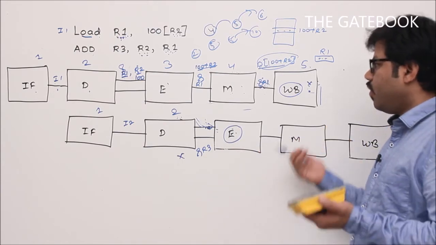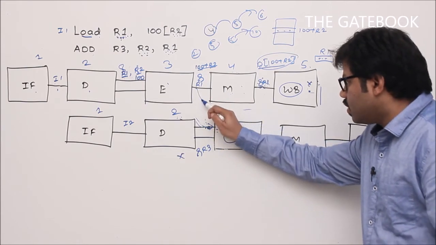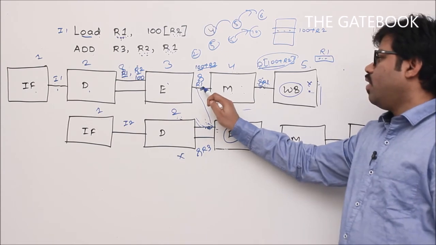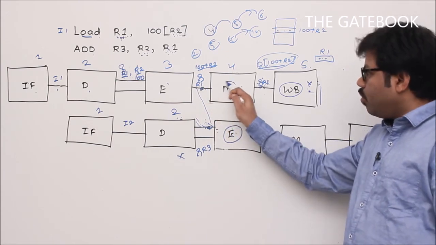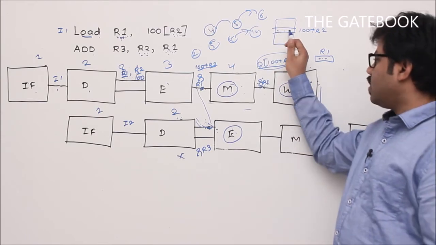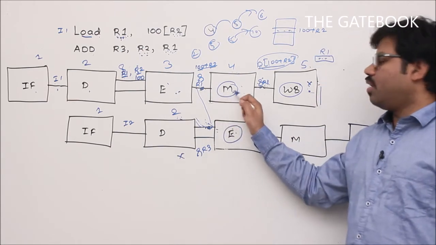Sir, we do something and we do forwarding, sir. To do forwarding, see, at the earliest you have to forward like this. That means at least you should have data available here. But I don't have data available here because after memory access only I get the data, right? That means we have to access the memory in the execute stage. Are we doing that? No, we are doing definitely at memory stage.